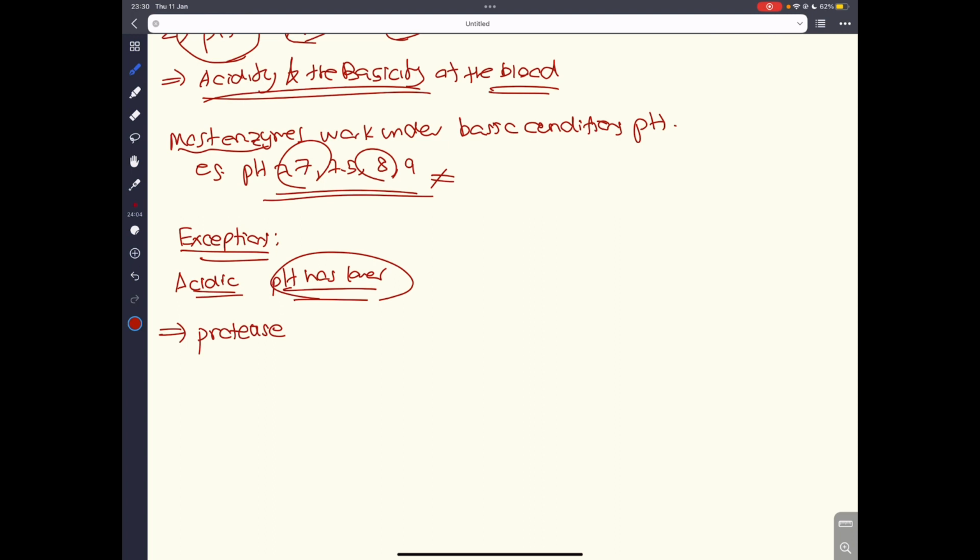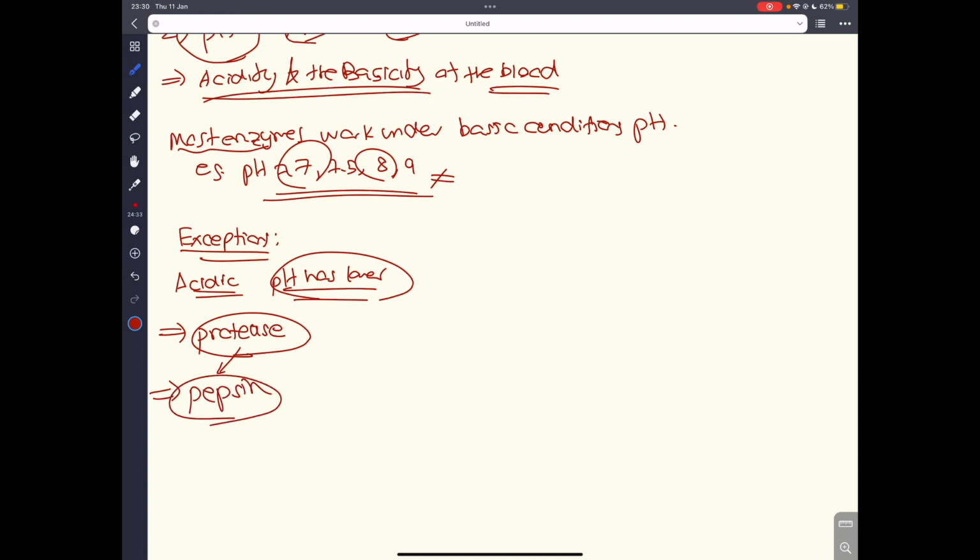You will learn this enzyme in chapter 7 when you learn about human nutrition and digestion in the digestive tract. This protease is actually called pepsin.